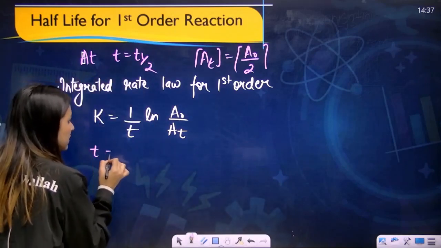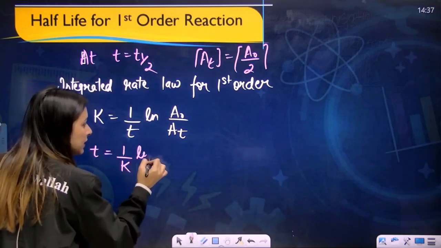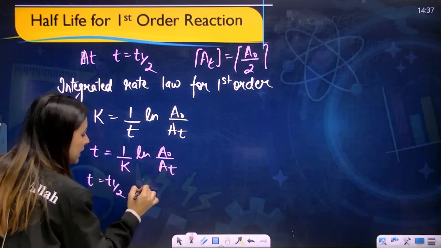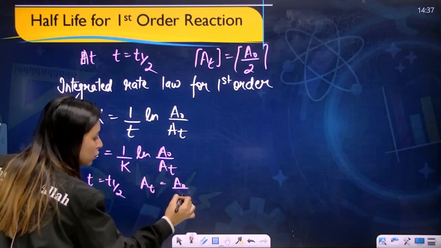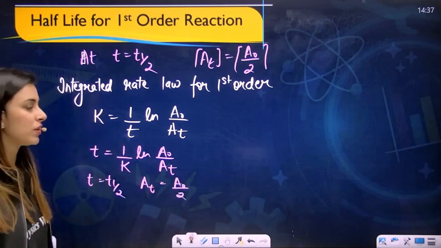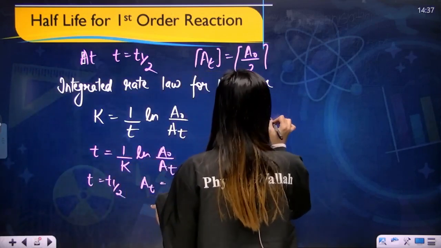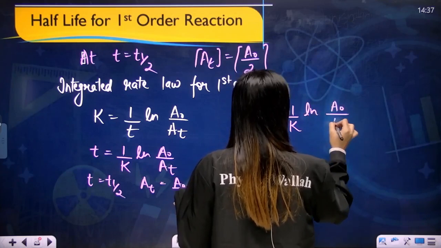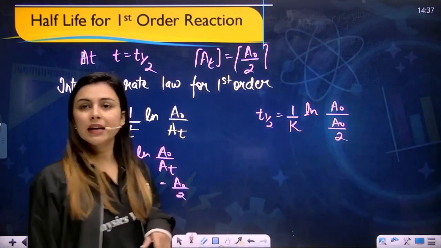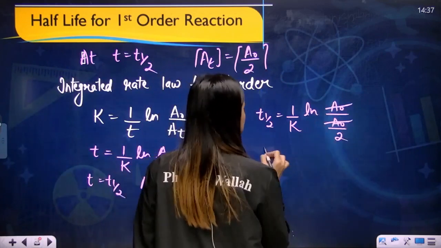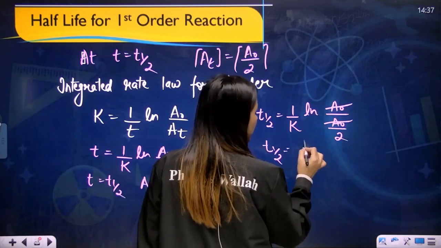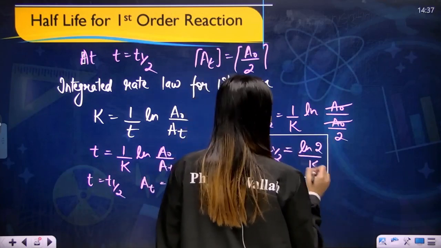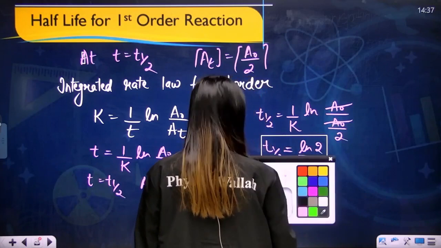We get t is equal to 1 upon k ln A naught upon At. Now t is equal to t half and At is equal to A naught by 2. Right? Yes. Let's just put it into the expression. You will get t half is equal to 1 upon k ln of A naught upon A naught by 2. Right? Yes. So A naught will be cancelled. So t half will be equal to ln 2 by k. And this is the expression for your half-life for first order.